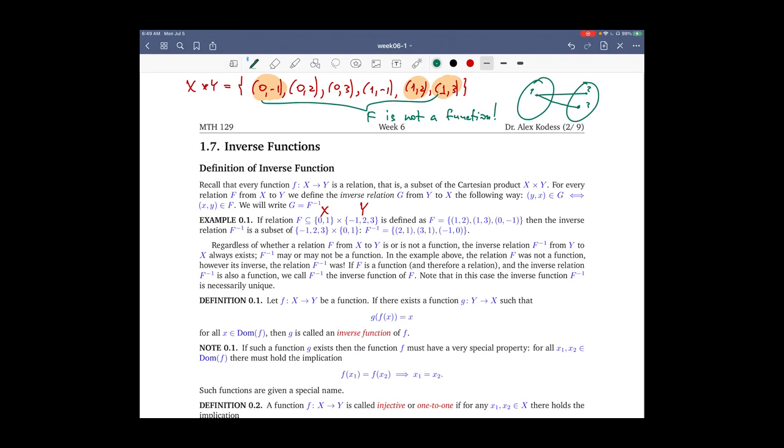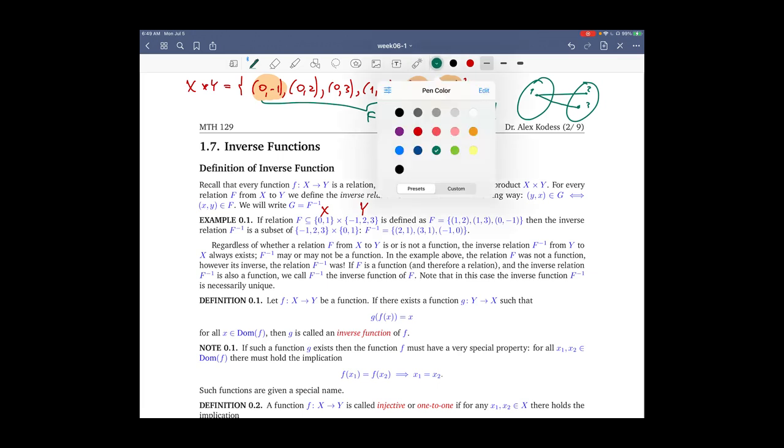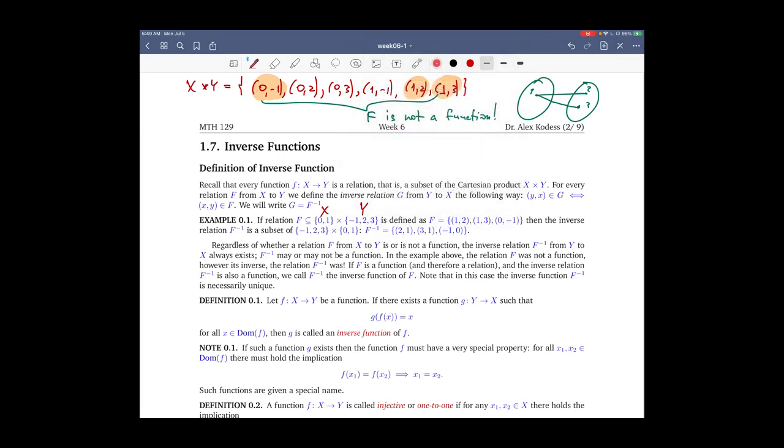It is, however, possible to define the inverse relation F to the negative 1. All we need to do is take every pair in relation F and flip the coordinates in every pair. So F to the negative 1 will be the set containing the pairs (-1, 0), (2, 1), and (3, 1).